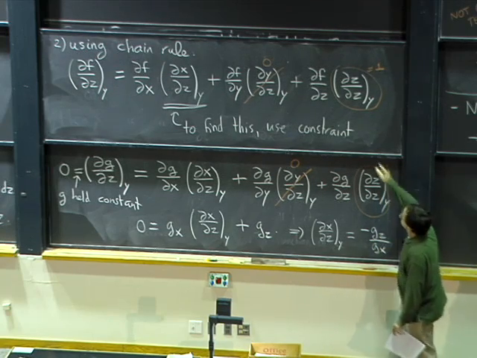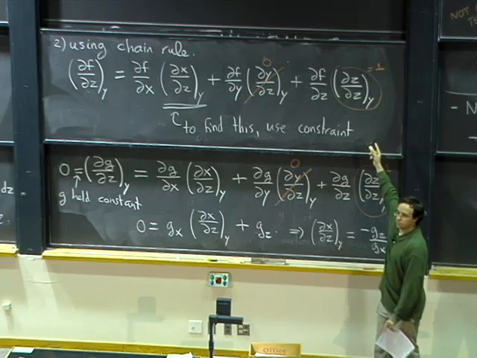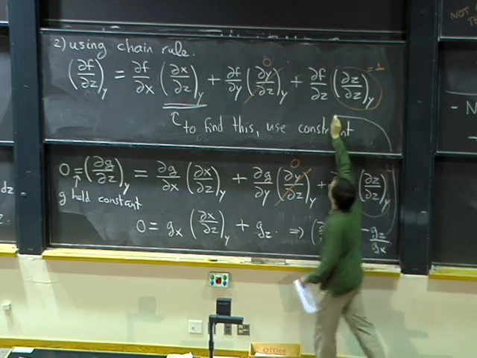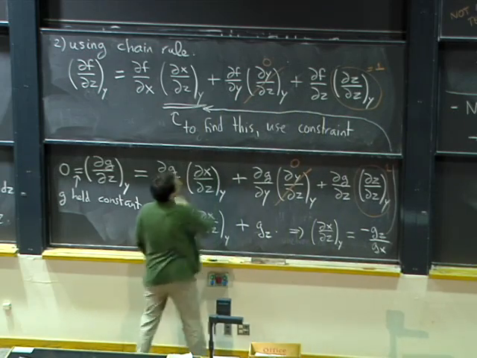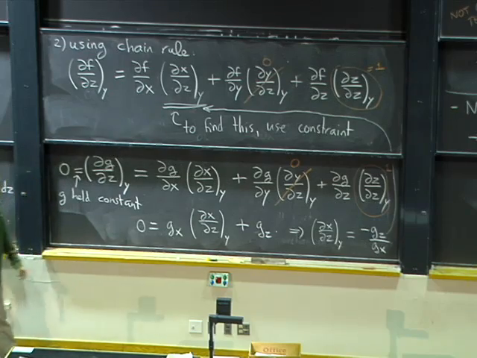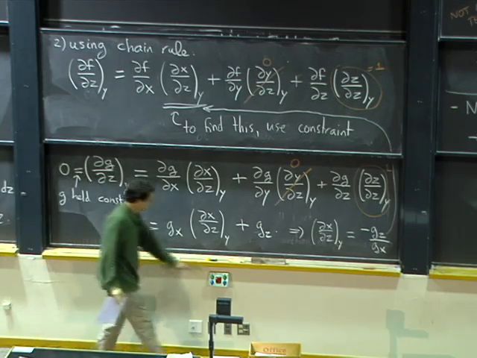Now we plug this into that, and we get our answer. I guess it goes all the way up here. Okay? And then we get the answer. I'm not going to, well, I guess I can write it again.